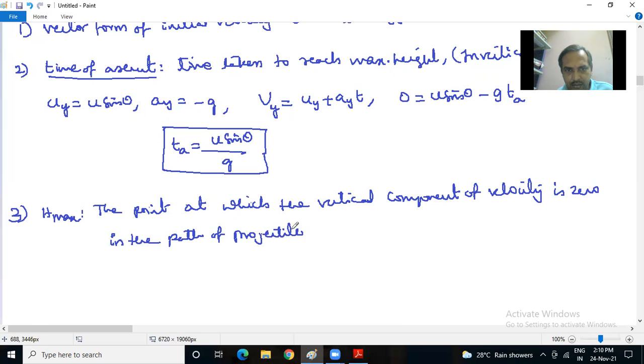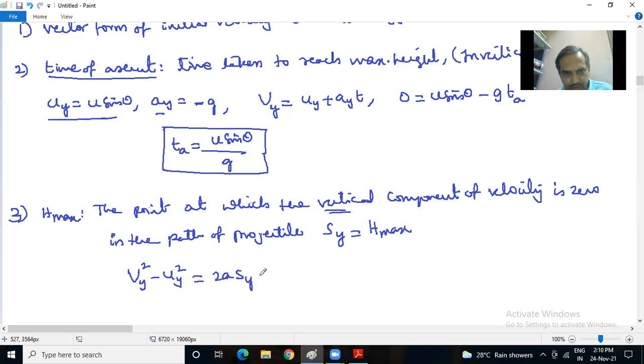Is called maximum height. So again, we need to take vertical direction. Once again, you have taken in vertical direction uy equal to u sin theta, ay equal to minus g. Now you assume sy is equal to h max. Therefore, making use of v square minus u square is equal to 2as in vertical direction. When it reaches maximum height, vy will be 0.